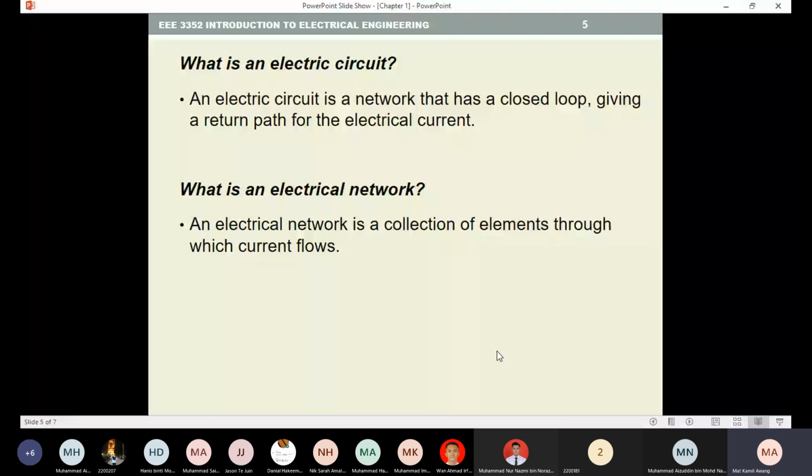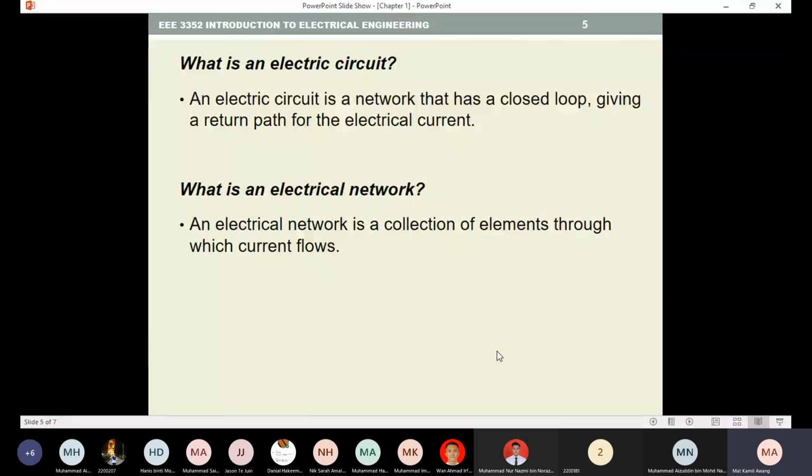Let's say you have a source, then the current will flow out from the source and come back to the end of the source. So it's a closed loop. If it's not a closed loop, it is not an electrical circuit.